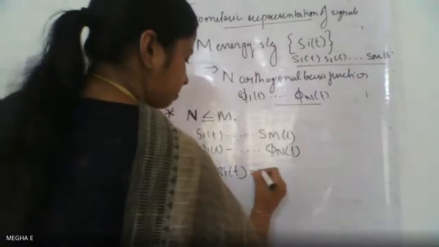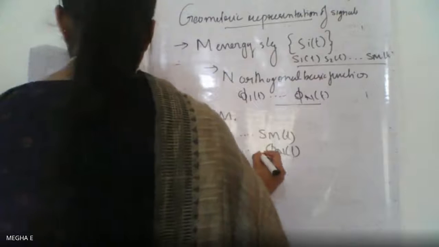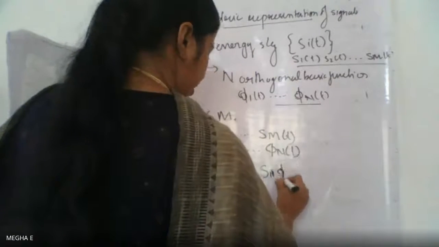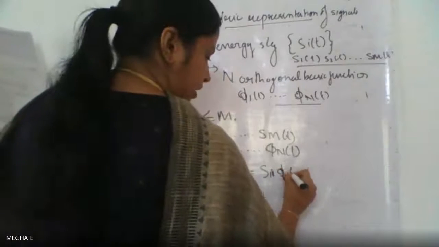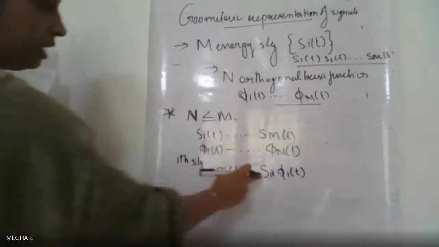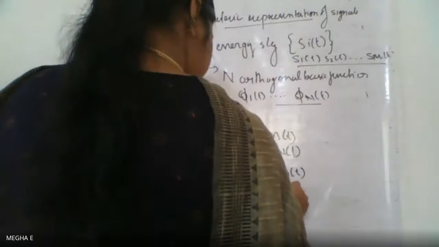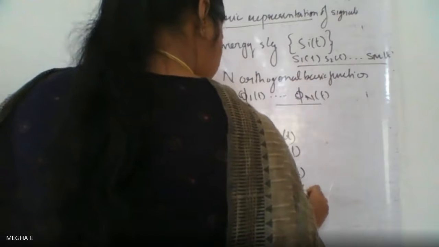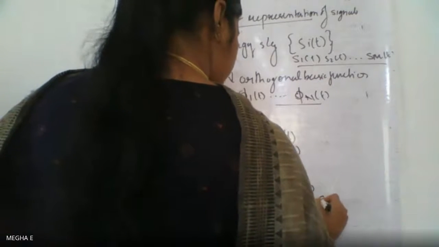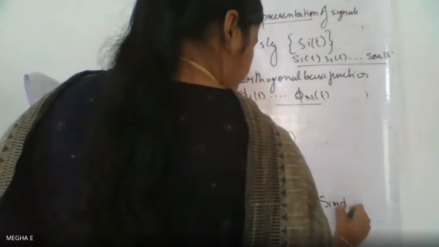It can be written as si1 into phi1 of t plus si2 phi2 of t, etc., plus sin phin of t.